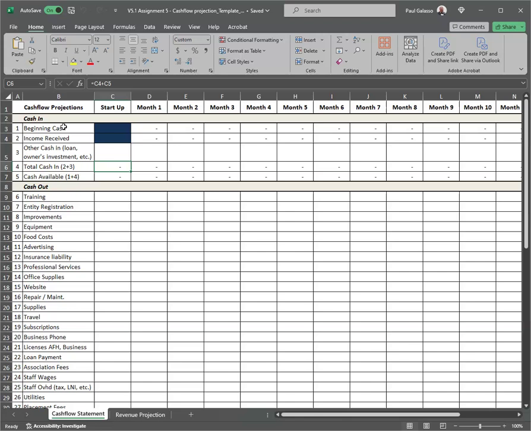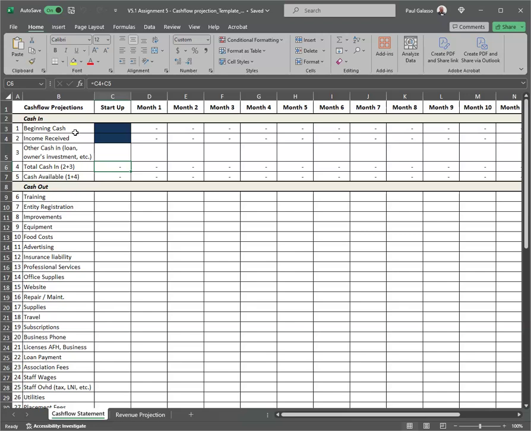When you first open your business, you are not going to have any beginning cash, nor will you have any income received. So this is basically from the time that you create your limited liability company or open a bank account, and immediately you have a zero balance when you open it. So you have to deposit money into it.